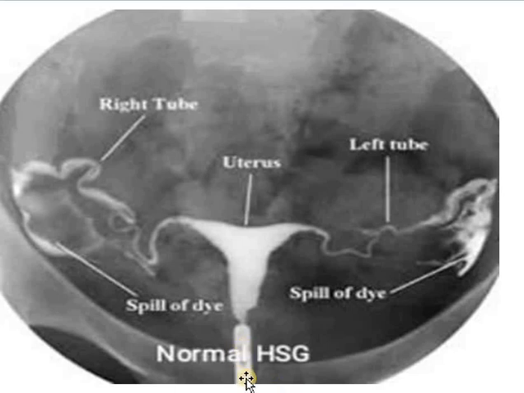You can see only the HSG cannula here, no other instrument. So this is a normal HSG report: uterus normal structure, tubes with both the uterine ostium and abdominal ostium open.